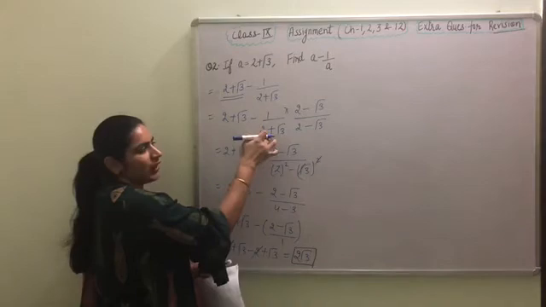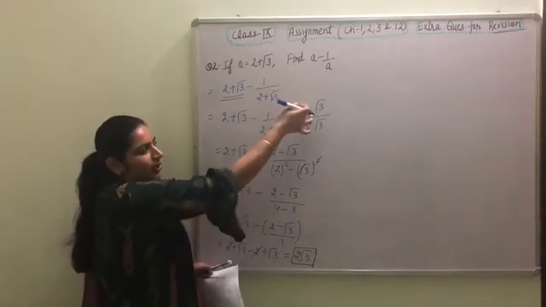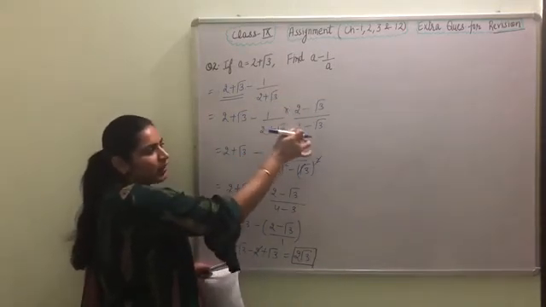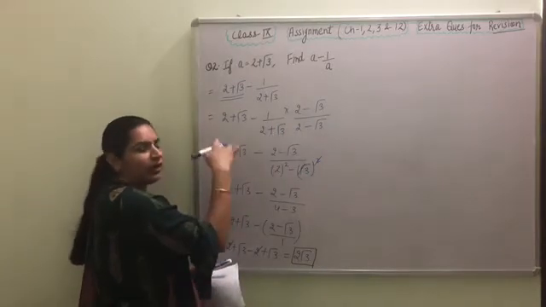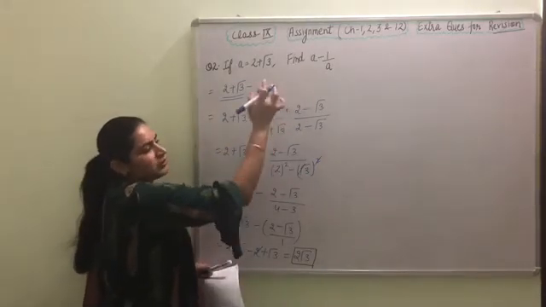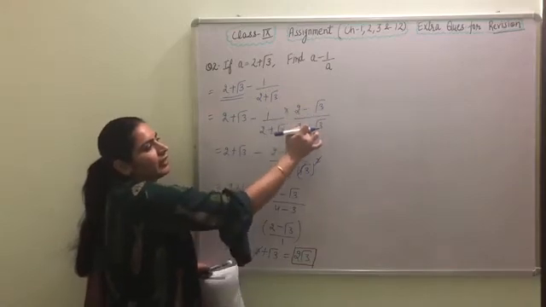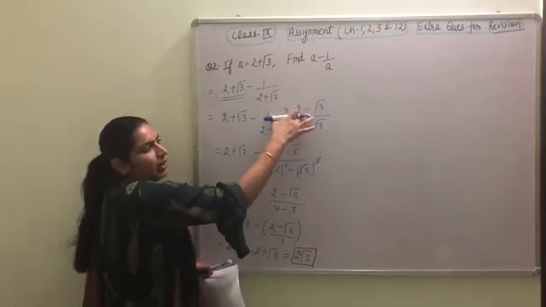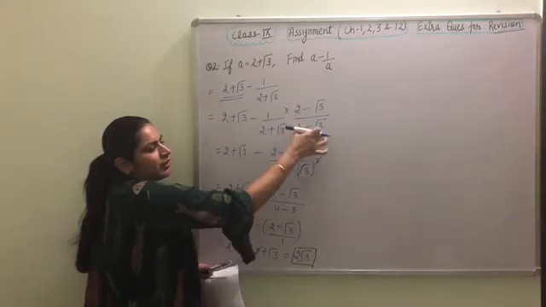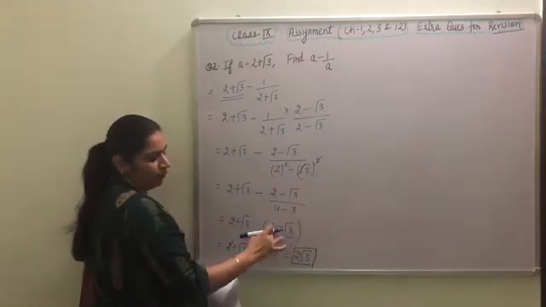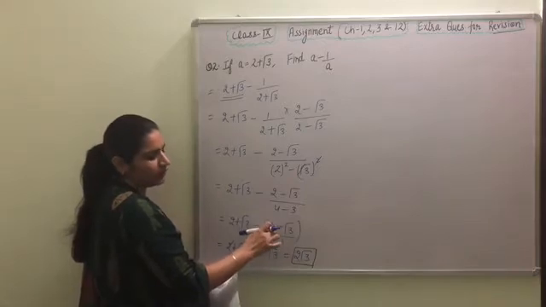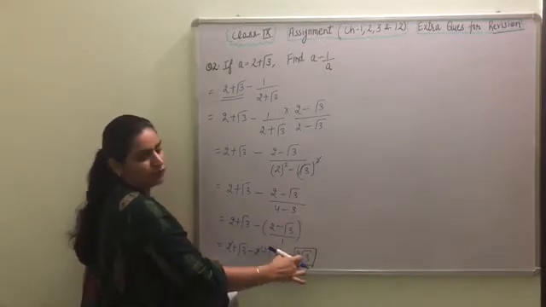When positive sign is there, we multiply and divide by the negative sign. If a negative sign was there in the denominator, then we multiply and divide by the positive sign. Here it is positive, so we take negative. We multiply 1 by this number, a plus b, a minus b, a square minus b square. 4 minus 3, 1. We open the bracket, negative sign is there, change the sign, answer is 2 root 3.